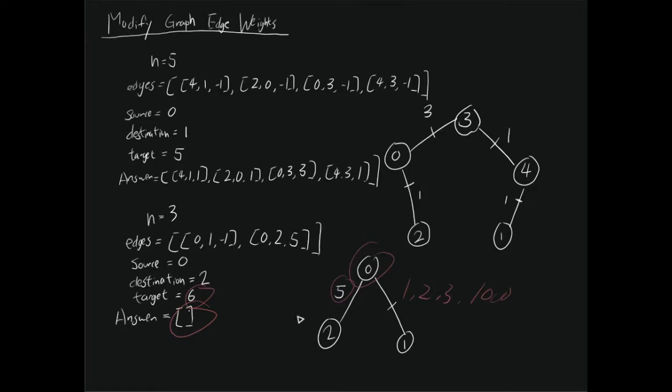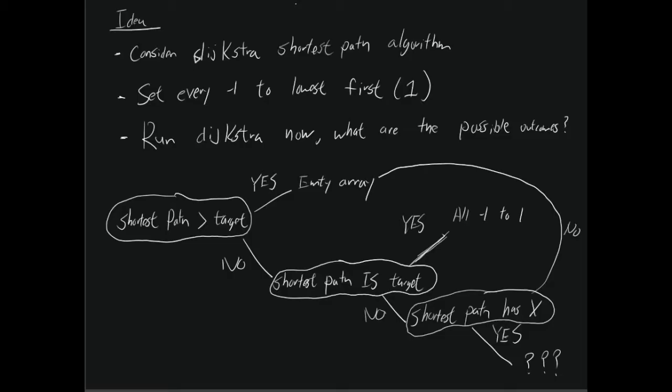So that's basically all of the problem description. Let's think about how we can actually solve it. Well, since it is about calculating the shortest path, let's consider Dijkstra's shortest path algorithm, because it makes the most sense.